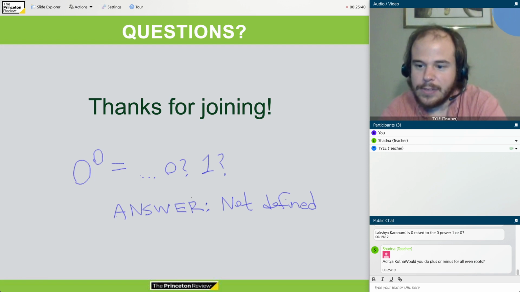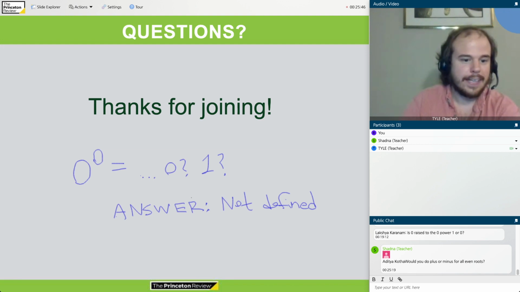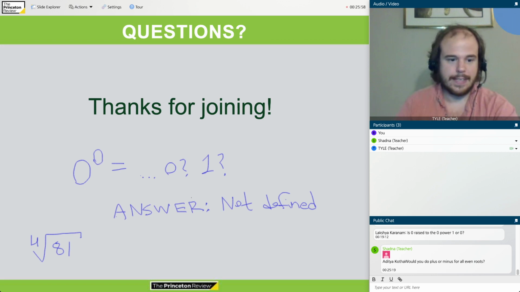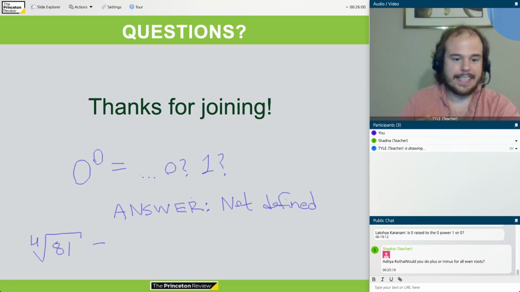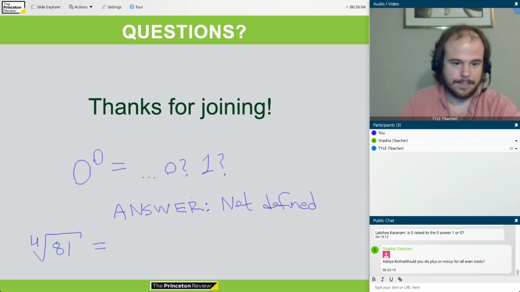Aditya asks, would you do plus or minus for all even roots? That's a great question, Aditya. For example, let's say we had the fourth root of 81. So even roots, like the square root, fourth root, things like that. In this case, the answer is yes. You would always do plus or minus. So this would be plus or minus 3.